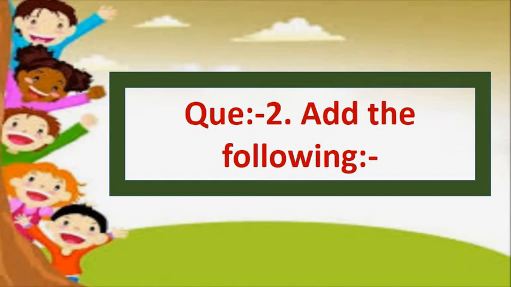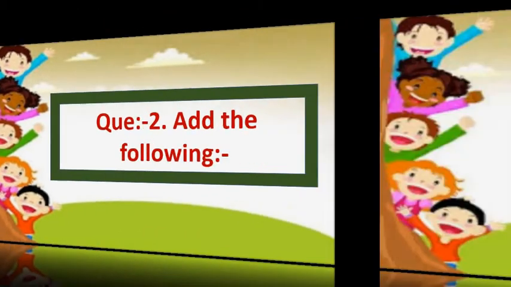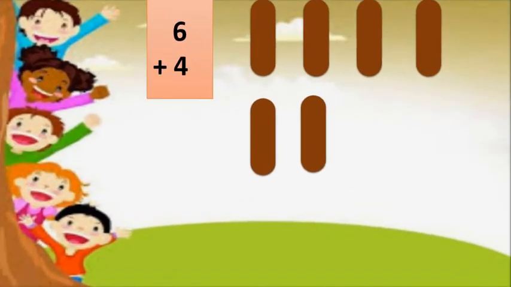Move on to question number 2. Add the following. Write the heading with very good handwriting. Question number 2. Add the following. Complete the heading, leave one line and write the sum.